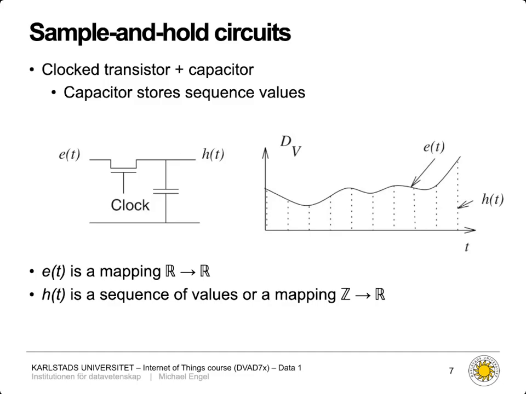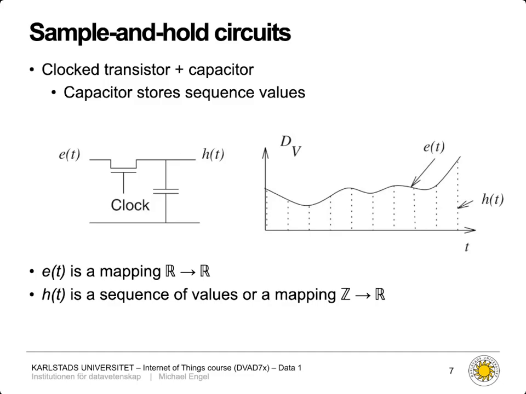And our signal E of t is actually the analog signal, an analog voltage coming in from our sensor. And what we want is, if you look at the dotted lines here, we only want the samples at these points in time. So we want another function derived from E of t, which we call h of t, which only has values at these defined points of time.